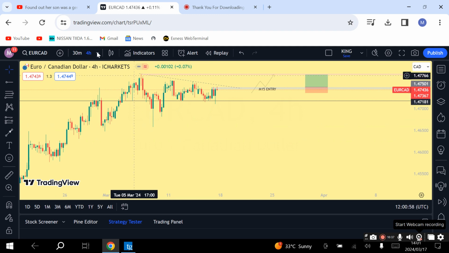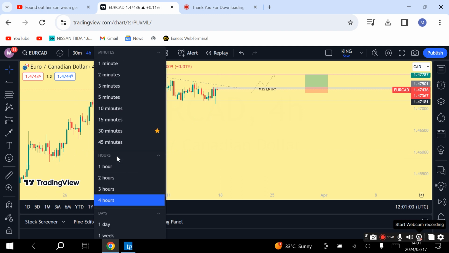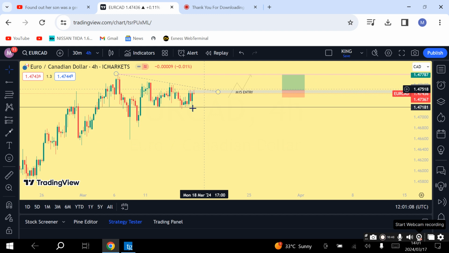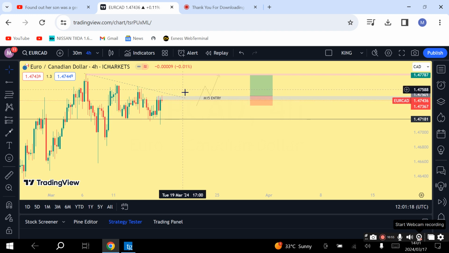Let me just go to the lower time frame so that I can explain to you guys. If you pay attention here, we do have a momentum line. I am anticipating for price to break and close above, retrace, then let's have the bullish momentum, right?